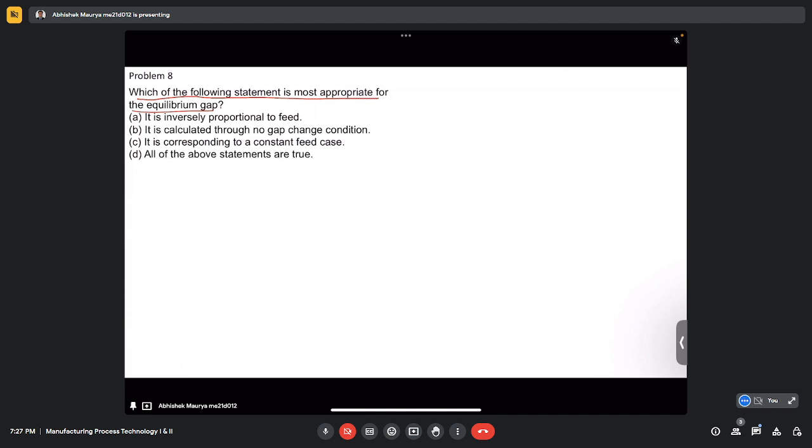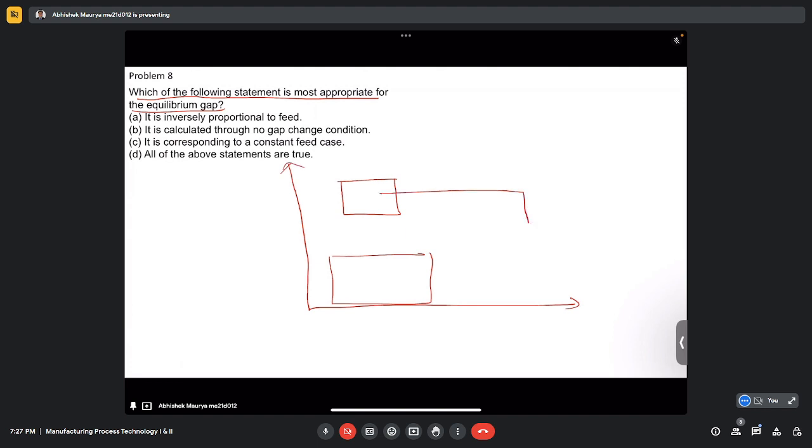So here we have some tool and here we have some workpiece. Here this is the tool, it is the workpiece.